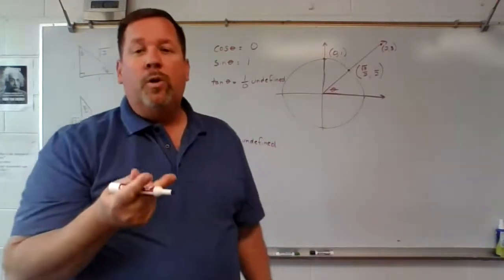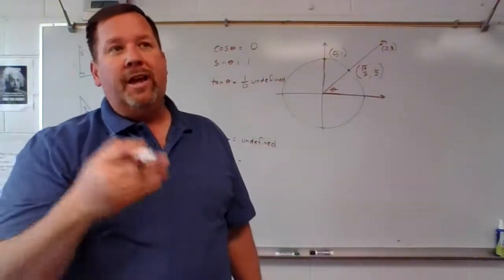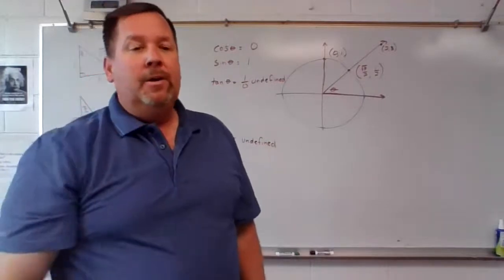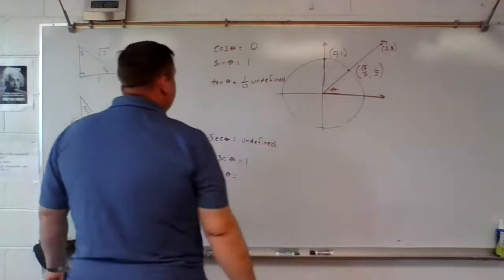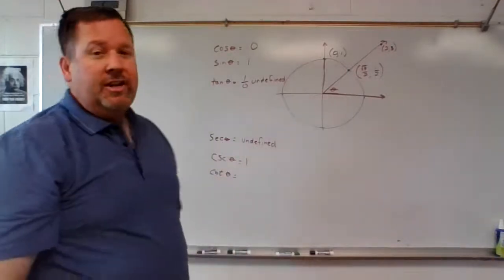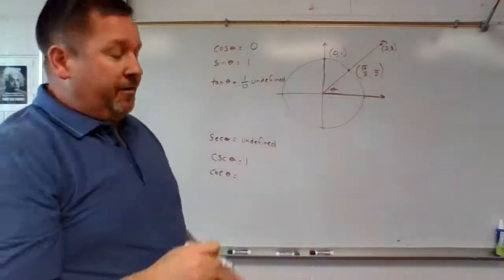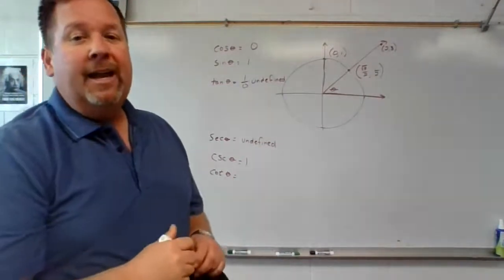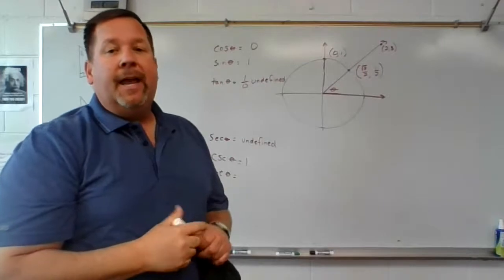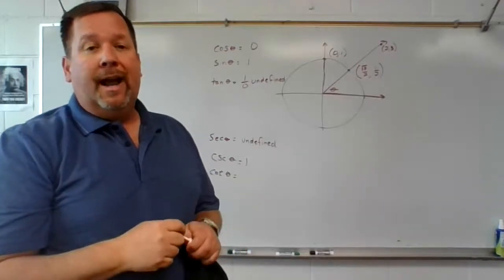Cosecant, 1 over sine, the flip of sine. Sine is 1 over 1. If we flip that, still get 1 over 1 or 1. Now, cotangent is the flip of tangent. Remember, tangent originally was 1 over 0. So if I flip that, I actually get a fraction that I can work with. 0 over 1, I can do.